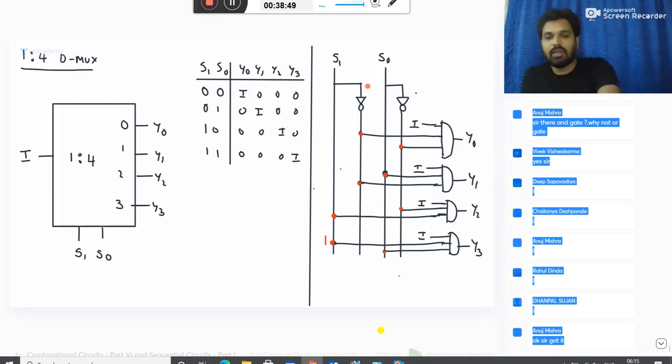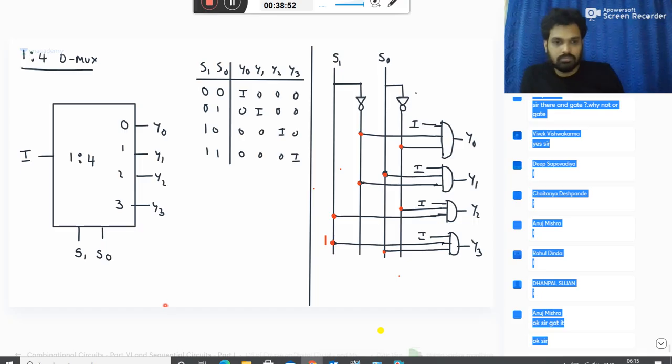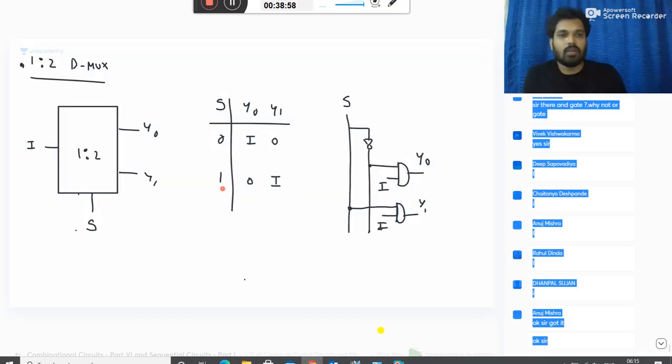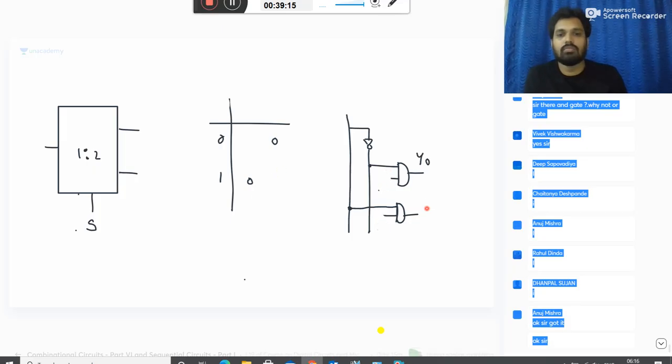So, 1 minute, I have a small... just 1 minute. I want to take one small screenshot so that our time will be saved later in one problem.